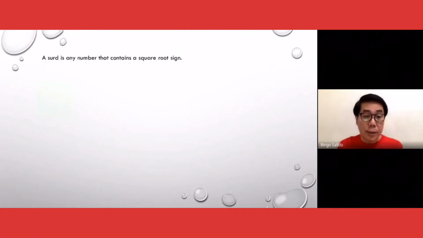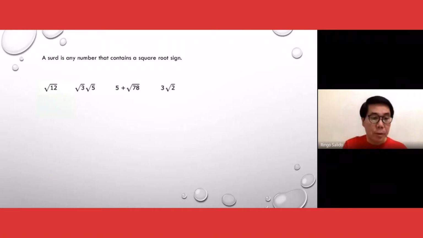A surd is any number that contains a square root sign. For example, we have the root of 12, or the root of 3 times the root of 3. Another one is 5 plus the root of 78.